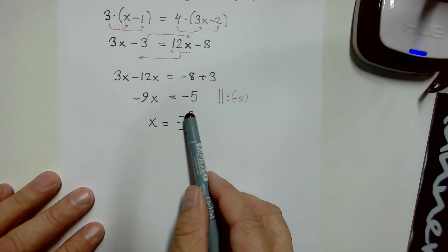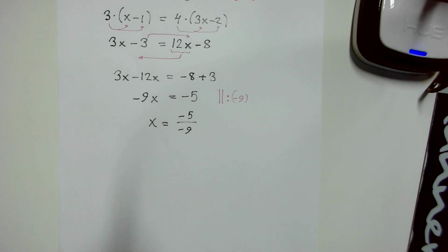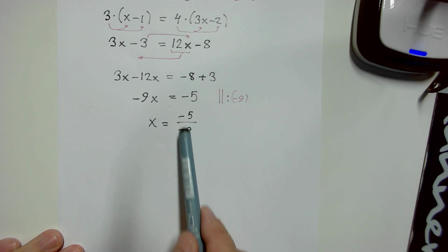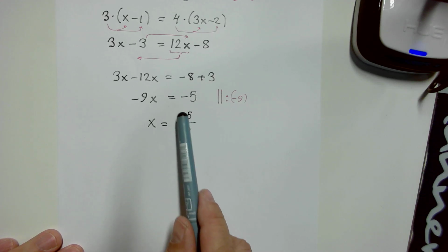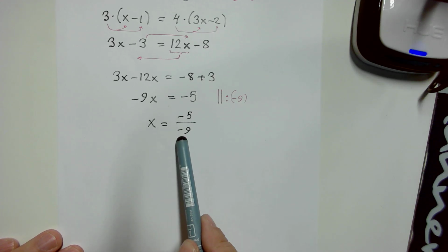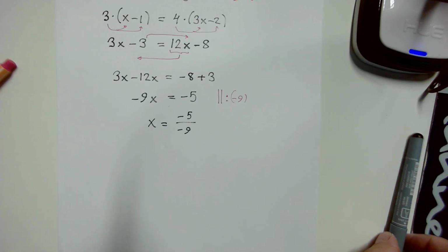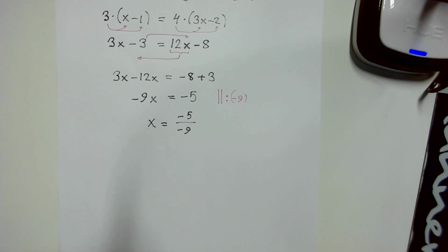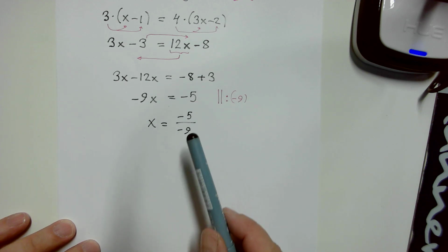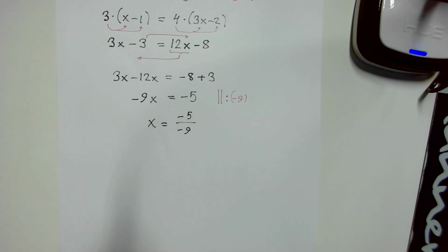Now we get both negative numbers. Actually, we may think, and this is not nice mathematics, that we cancel these minuses away. It's actually multiplying both sides by minus 1.